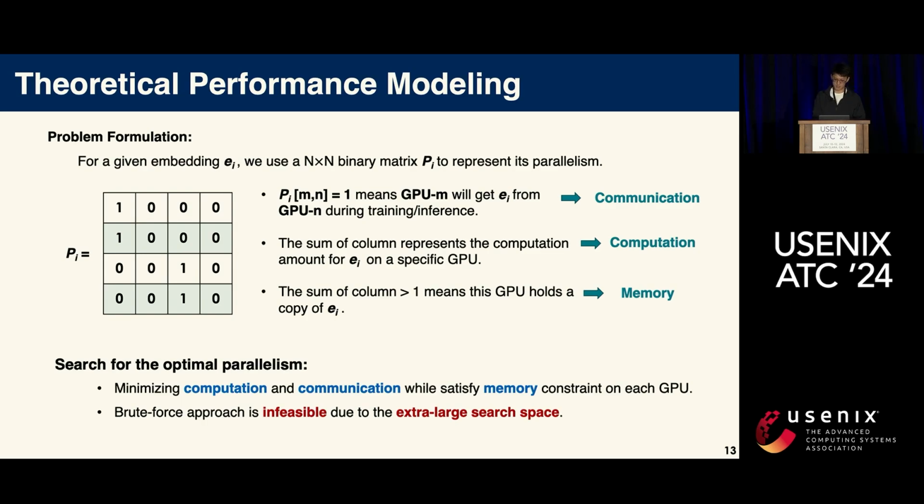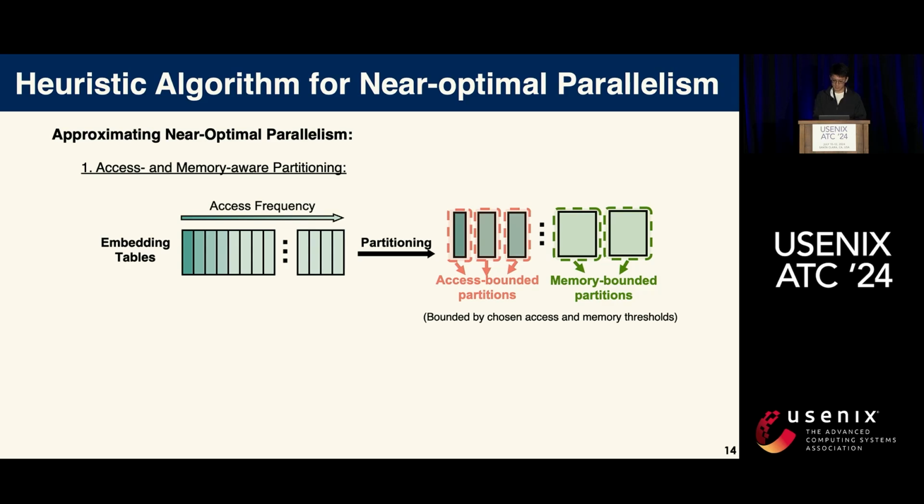So even using commercial solvers, it could take several days to find an optimal embedding table parallelism plan at the per-embedding level. So to address these challenges, it is crucial to reduce the search space by increasing the parallelism granularity. However, there's a trade-off between the granularity and the performance.